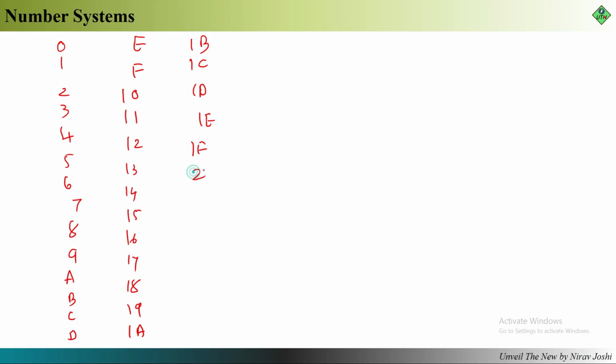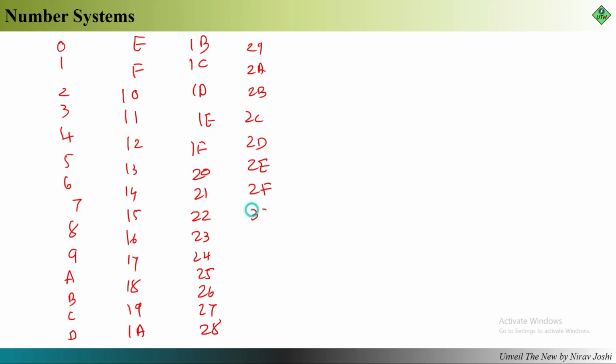After F, yes, 20. Yes, very good. 21, 22, 23, 24, 25, 26, 27, 28, 29, not 30. Okay, 2A, 2B, 2C, 2D, 2E, 2F. Now 30, 31, 32, 33, up to 39, then 3A, up to 3F. So like this you can carry on.